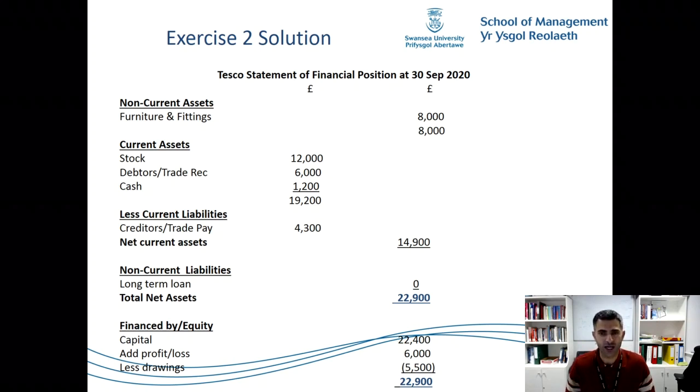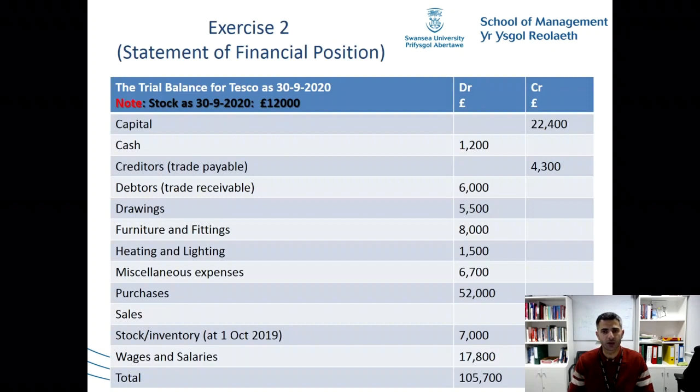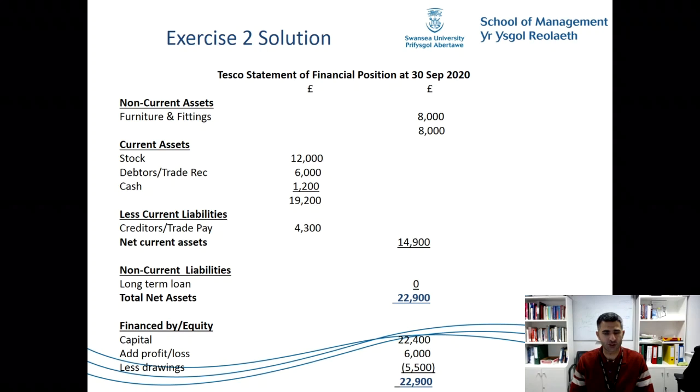Now let's come to the current liabilities. When it comes to current liabilities, if you remember, we have in the question the trade payables or the creditors. You need to add it here, which is 4,300. So total current liabilities equal 4,300.